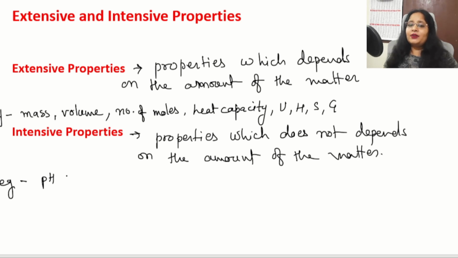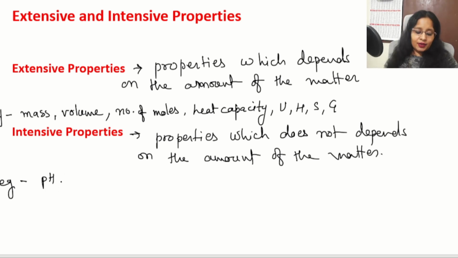One is less, one is more. So now if we check the pH in both the containers, does the pH change? The answer is no. Because the sample is same, so pH will be same, either in less amount or more amount. Understand? So pH is an intensive property. It doesn't depend on the amount of the matter.